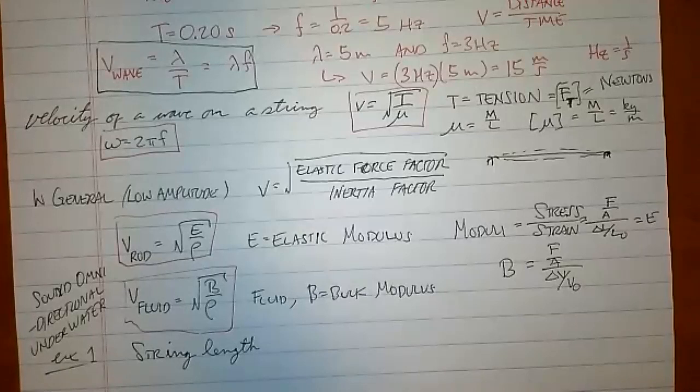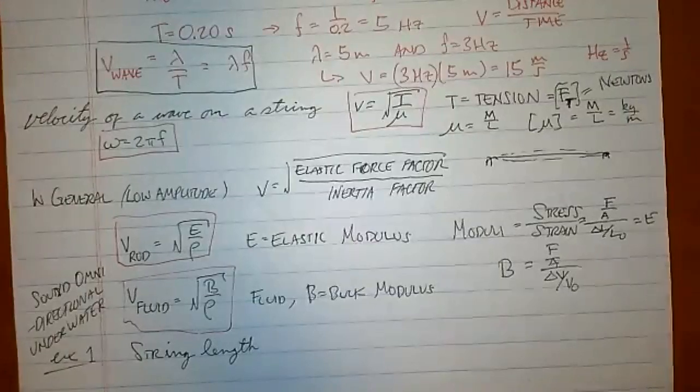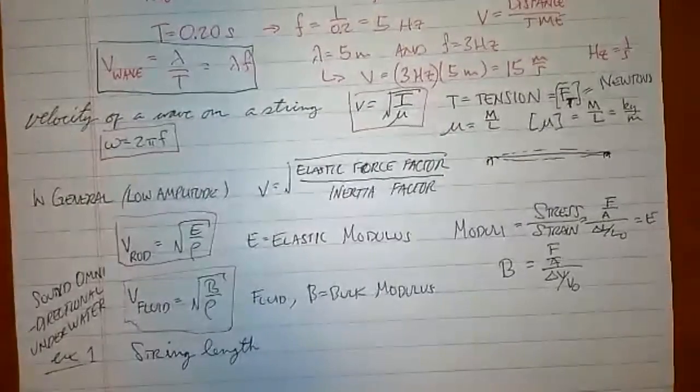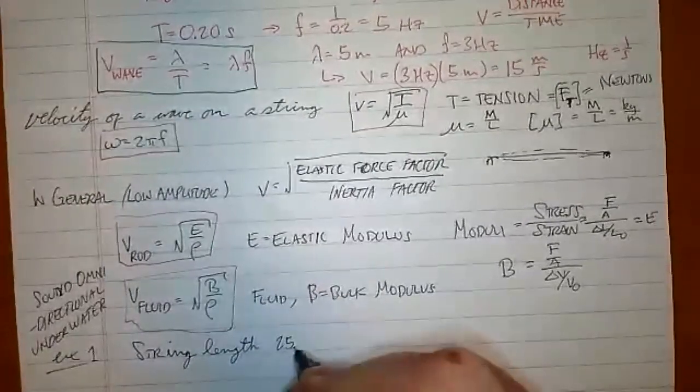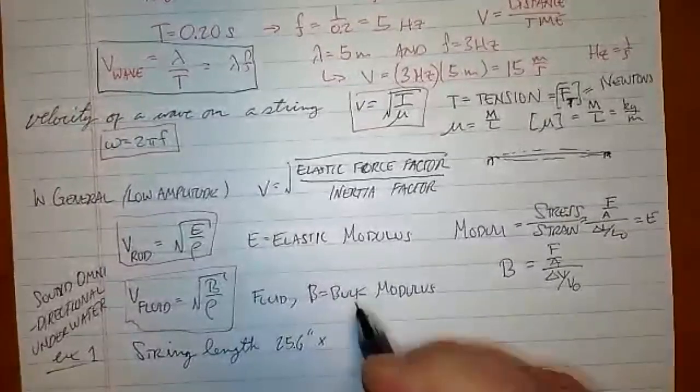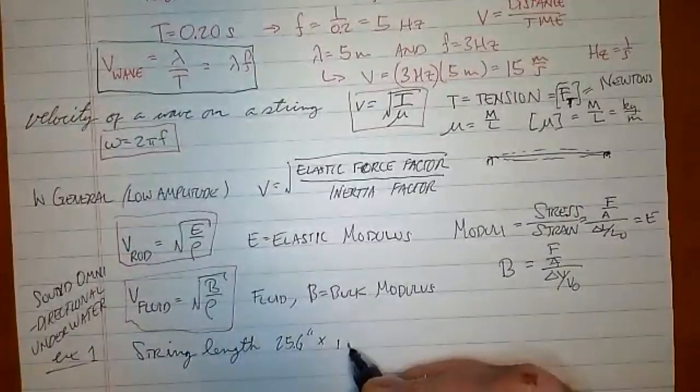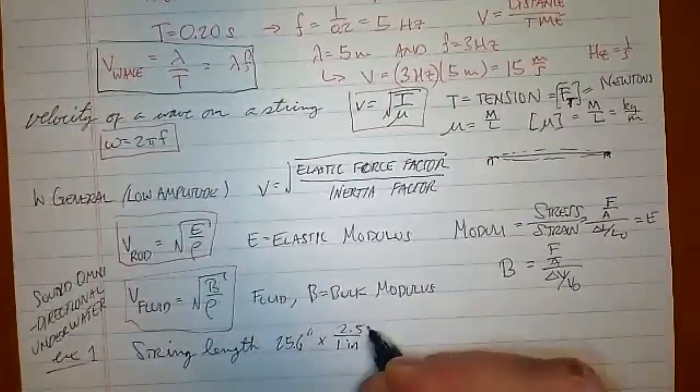I really didn't want to do inches, but it looks like that's what I got. So I'll do inches anyway. There's that to there, and then that to there is 24. So we'll say 25.6. So string length is 25.6 inches, which I'll convert to centimeters by 1 inch equals 2.54 centimeters.